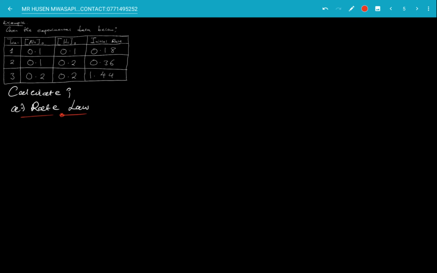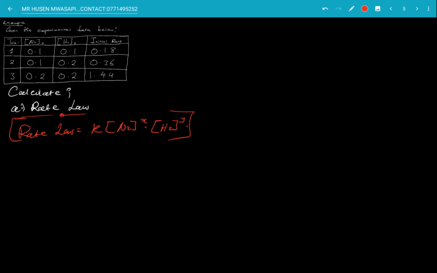So we understand that the rate law is equal to the rate constant times the first reactant, in this case N2 raised to X, times the second reactant which is H2 raised to what? Y. With this in mind, we can now determine what is needed from the rate law.